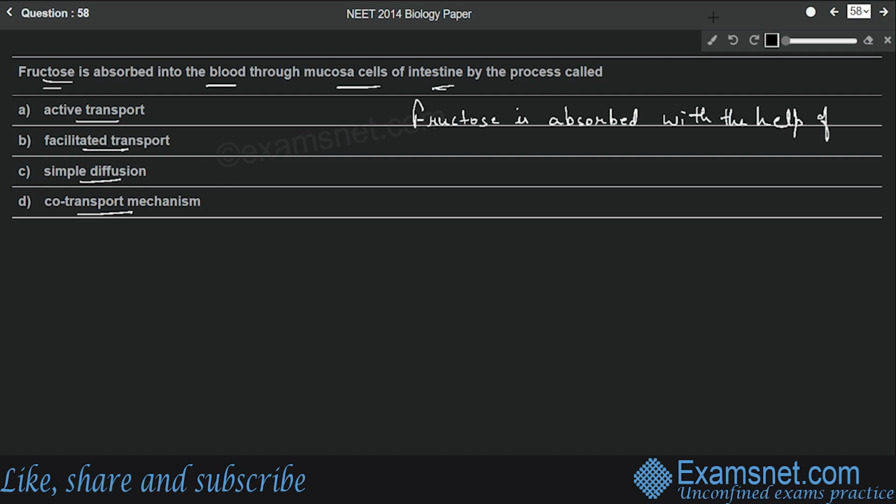For example, sodium ion. Okay, so when a carrier ion is involved in the transport of any substance, then this type of transport is known as facilitated transport. Because this transport is facilitated by the carriers. Okay, so option number B will be the correct answer.